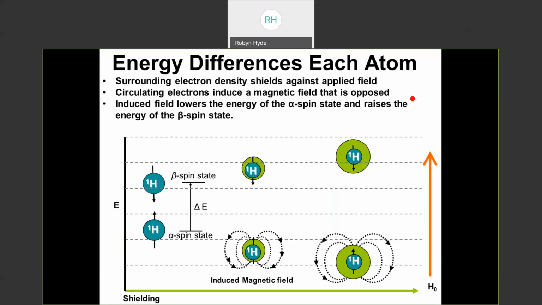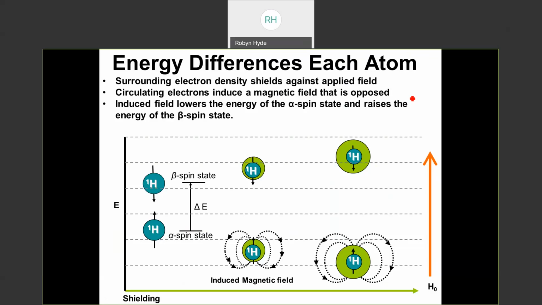But then I will have some atoms that are very protected by an electronic field. And then the delta E value is significant. That means it takes a different amount of energy to flip the spin of a protected proton from a naked proton. So this protection we call shielding. So electron density is shielding.